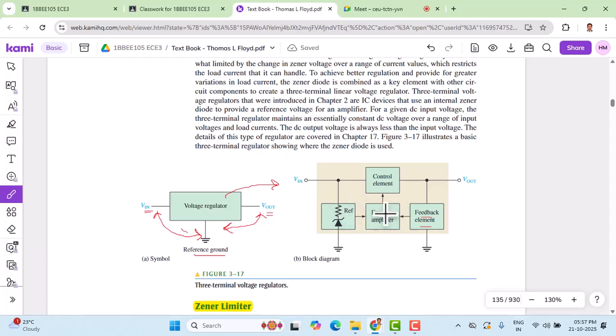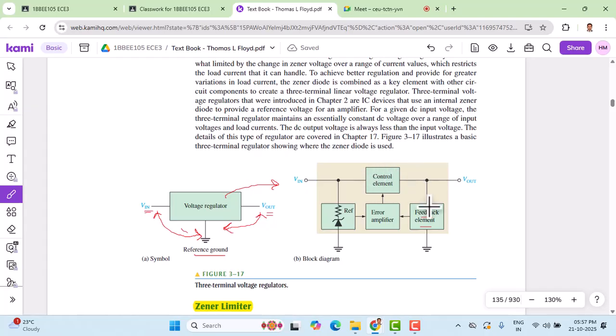So the error amplifier will have an input from this Zener diode as well as the feedback element, and that will be fed to the control element.